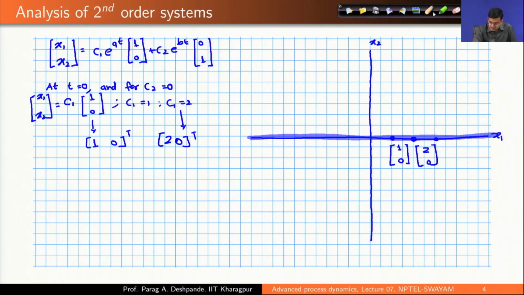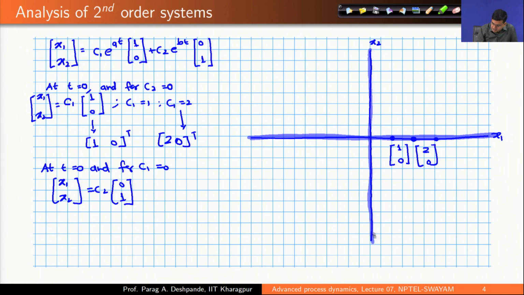Similarly, now I can do at t equal to 0 and for C 1 equal to 0, I can write x 1 x 2 as C 2 times 0 1, and following the exact same analysis, now I can draw this entire x 2 axis as the solution to my system of equations.